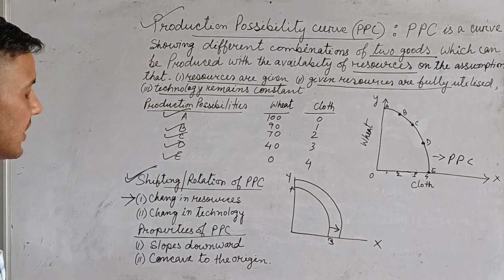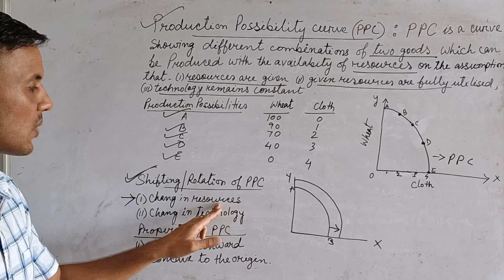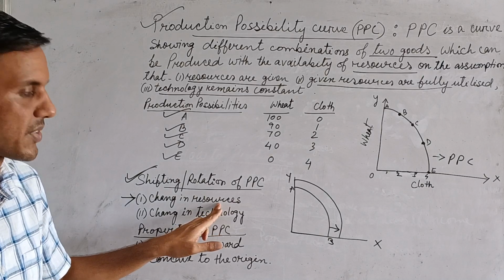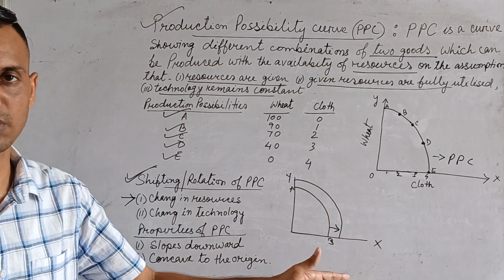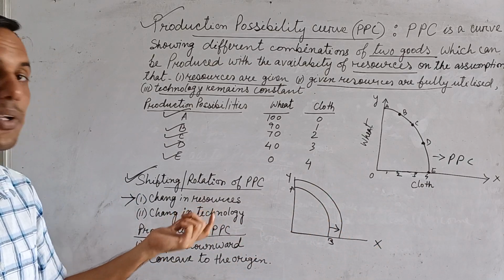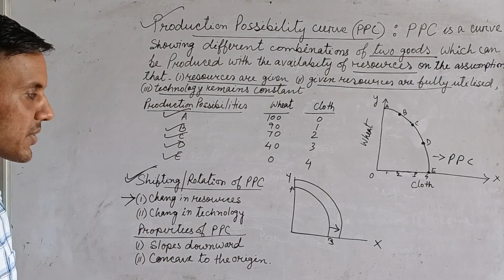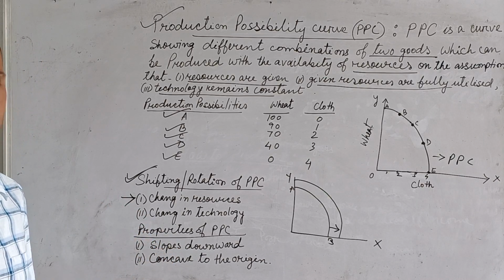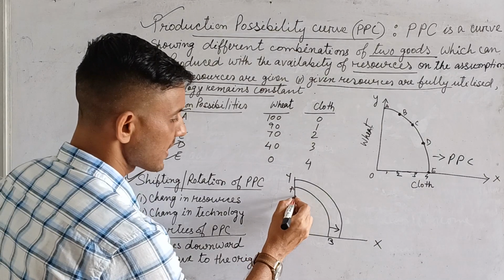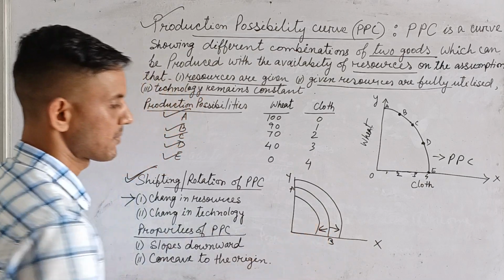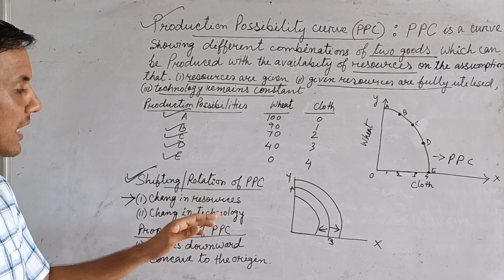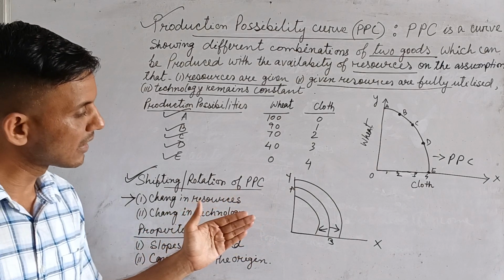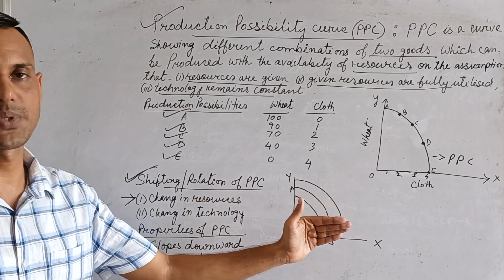Increased resources mean more production. When resources are reduced, production will reduce, so the PPC will shift to the left.